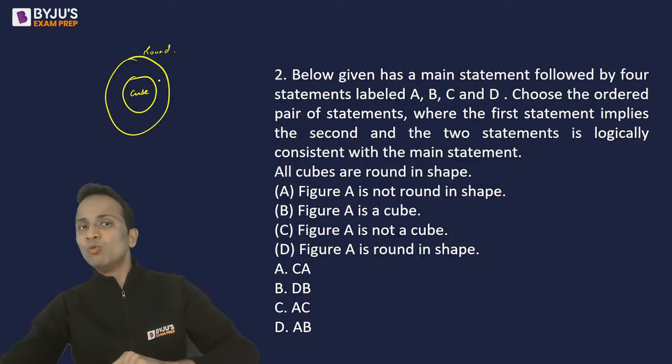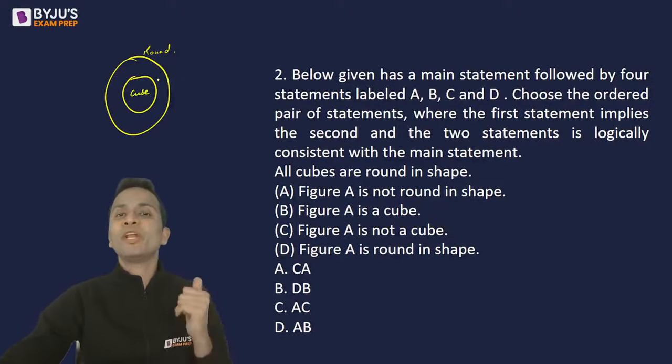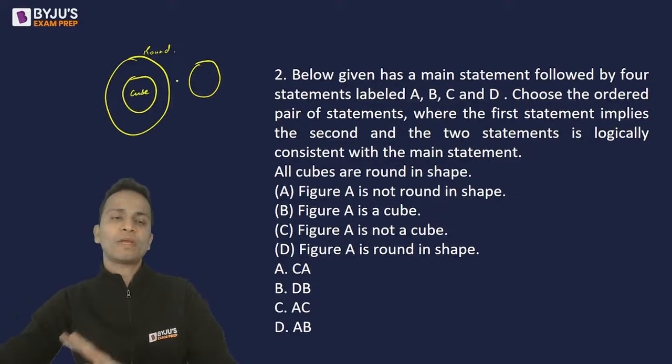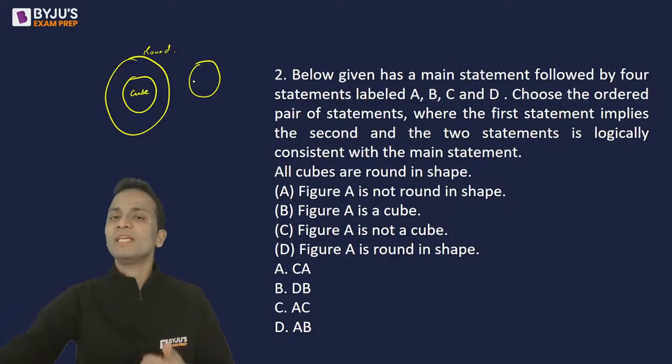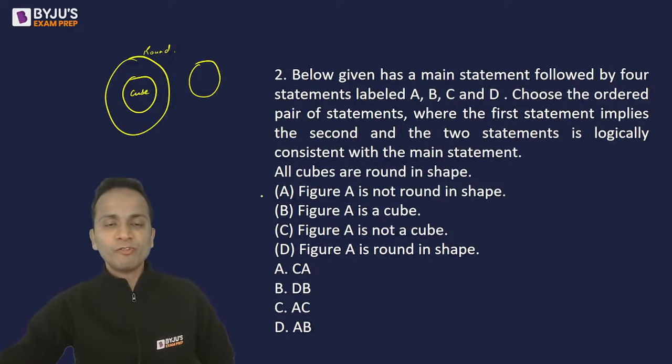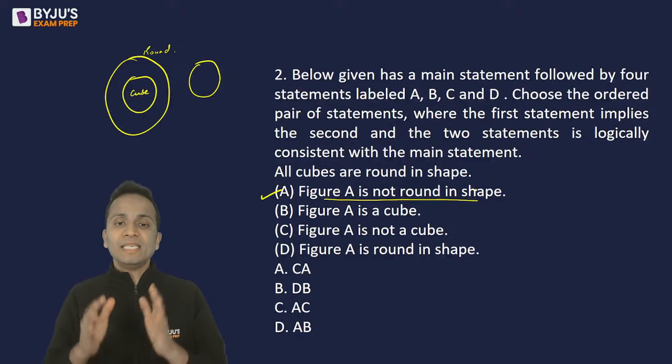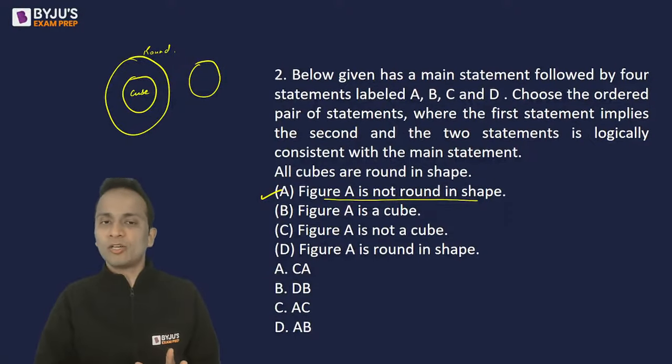If a figure is round, then it may or may not be cube. But if the figure is not round, if a figure is outside the round, can I say that definitely it is not a cube? Yes, this can be said. So if you look at statement A, figure A is not round. If it is not round, then definitely it is not a cube.